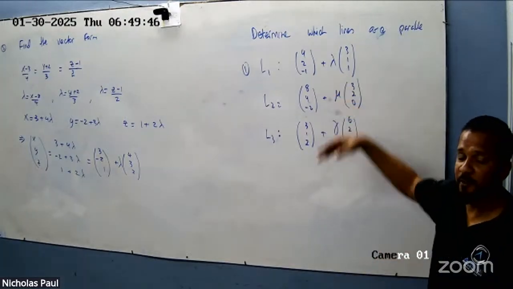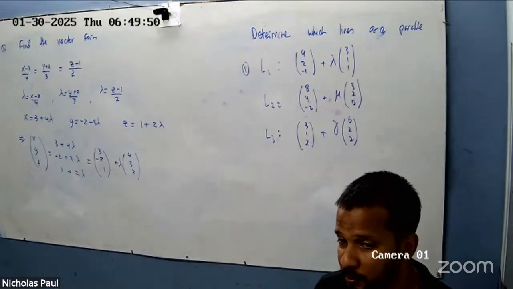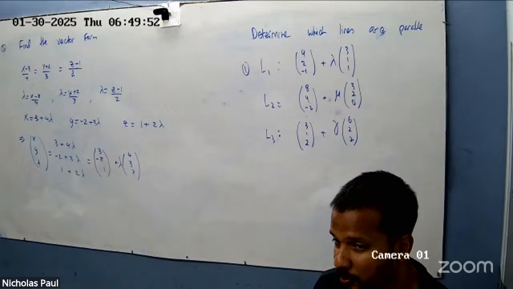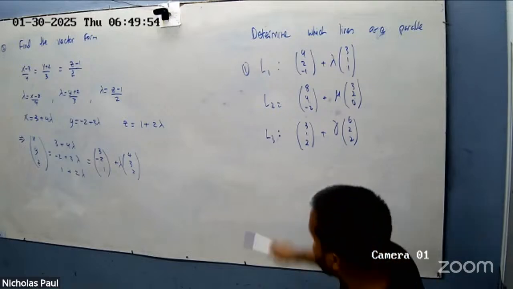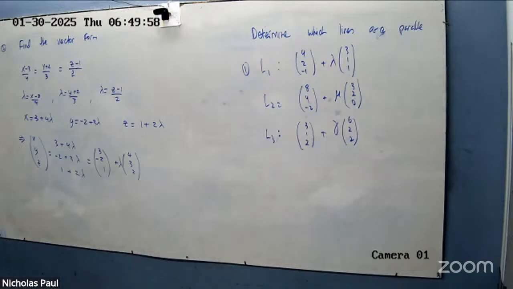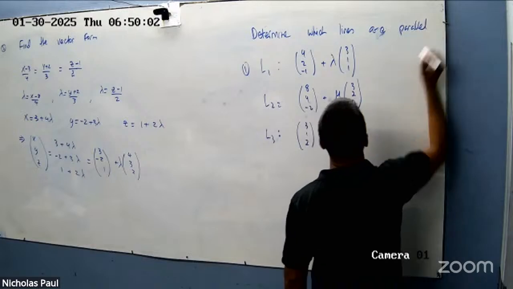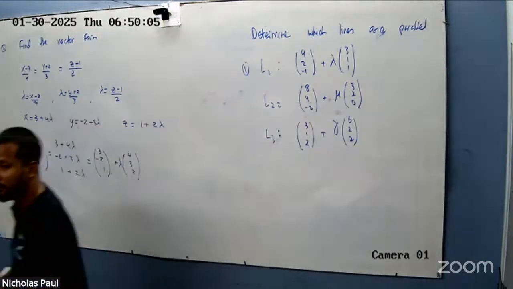Suppose I gave you those three lines. Look at those three lines there. The question is, which is parallel? One and two. One and two parallel? Yeah.